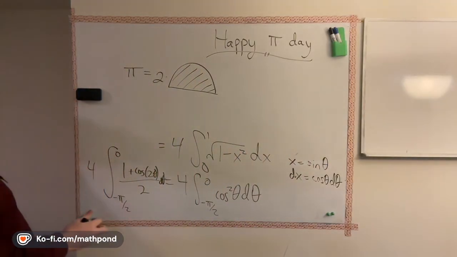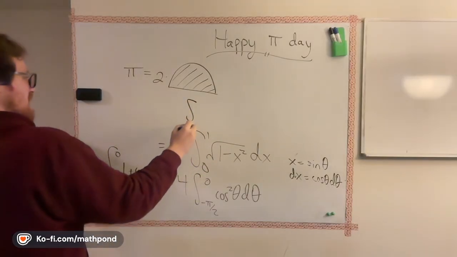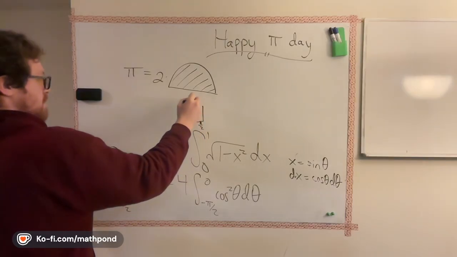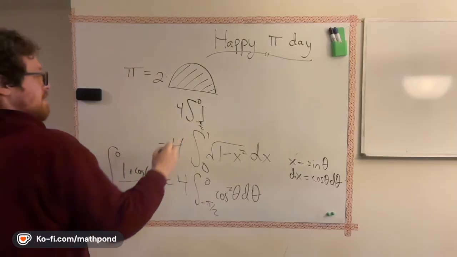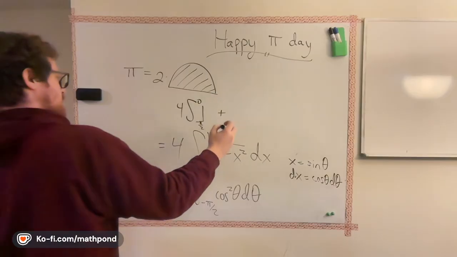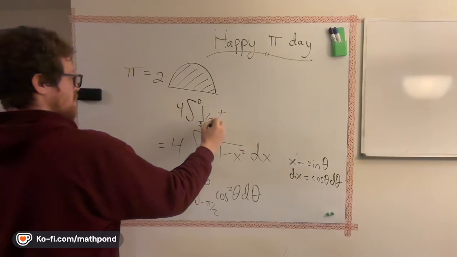Okay, so now we can split it, so it's just an integral. Integral of 1 from -pi/2 to 0 times 4. So that's plus, or 1/2, I guess, so 1/2.